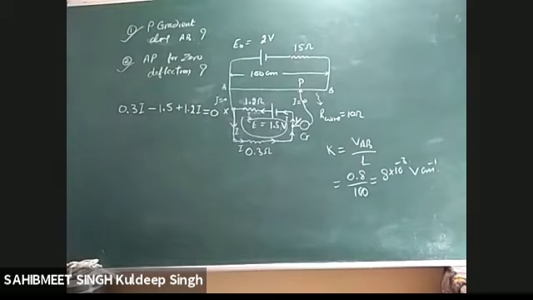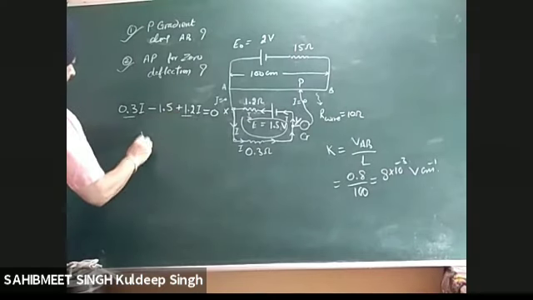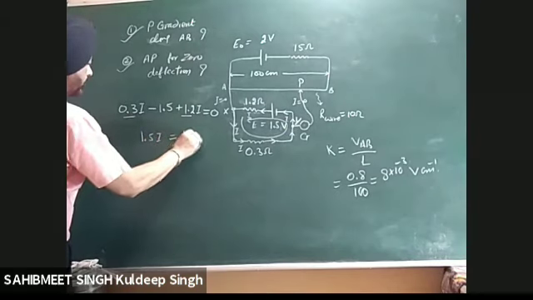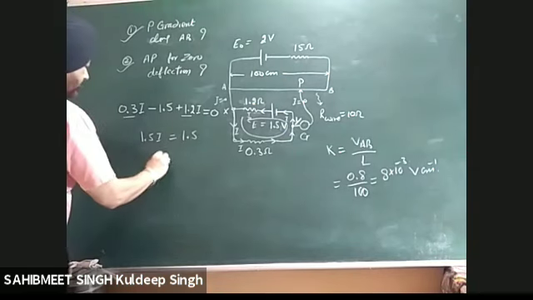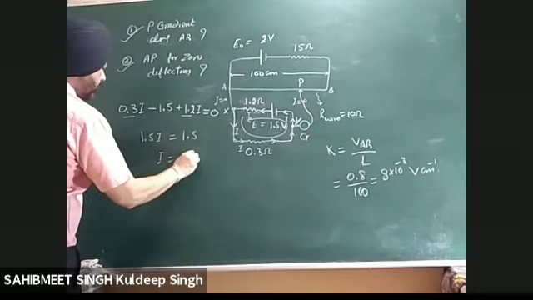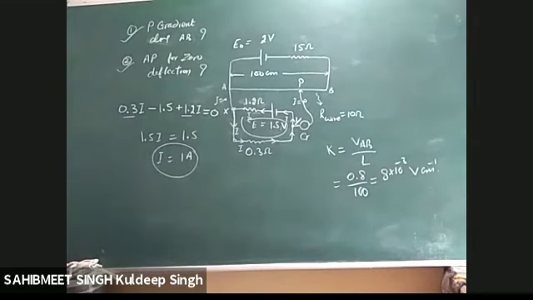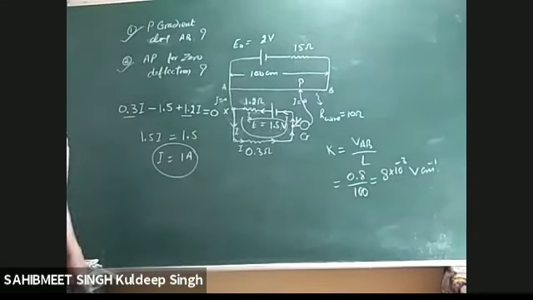Now when I add these three, I get 1.5 I equal to 1.5. So current in the circuit is equal to 1 ampere. So in this secondary circuit, 1 ampere current is flowing.